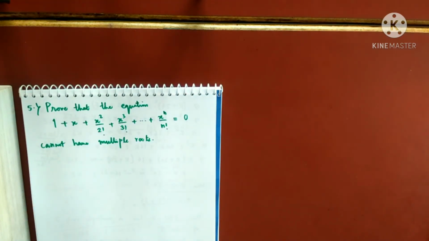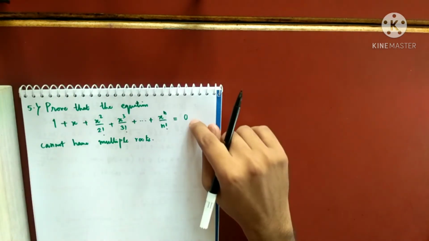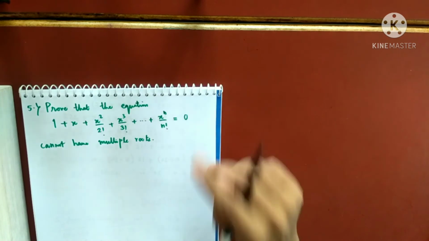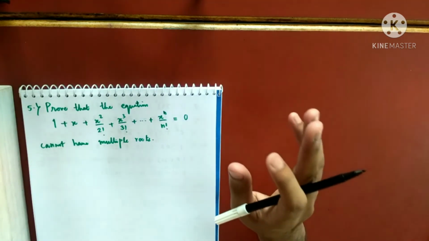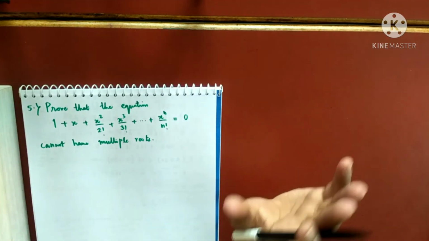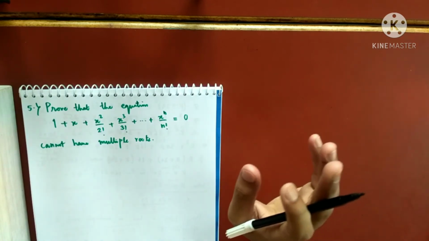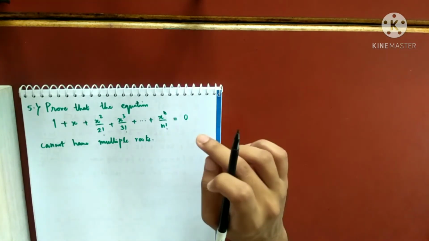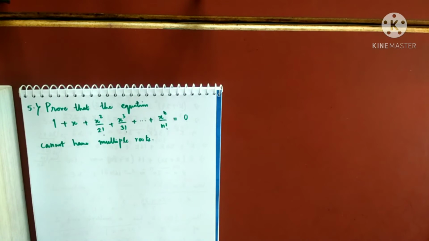I am equating this to 0. That means I am talking about an algebraic equation. I have to prove that this algebraic equation cannot have multiple roots. So no root of this equation can be repeated, right? That I have to prove. I don't have to solve this equation, I just have to prove that this cannot have a multiple root.